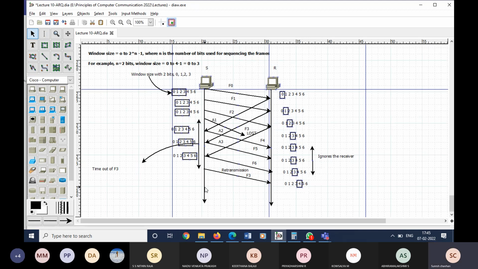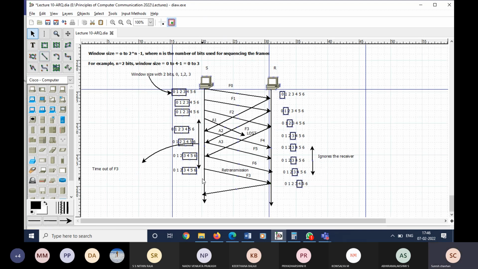And again, anyway, it has not received any kind of acknowledgement. It will be waiting. Now it will send the acknowledgement: I have received F3, so please send F4.